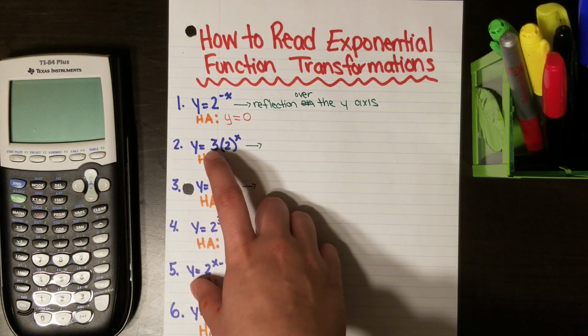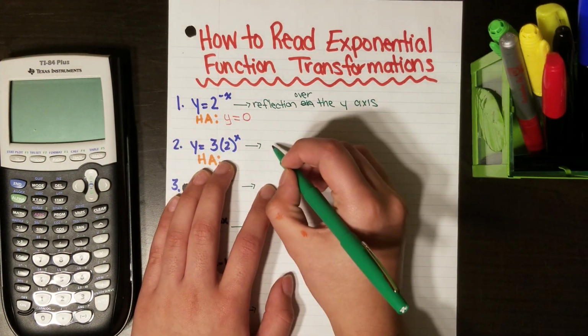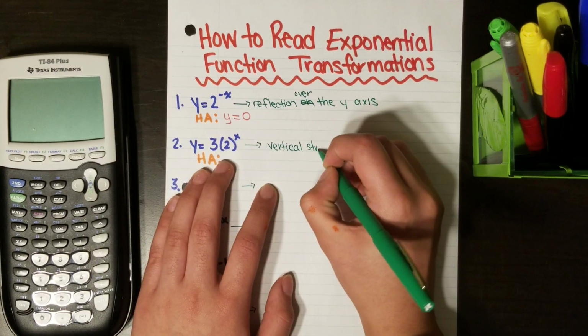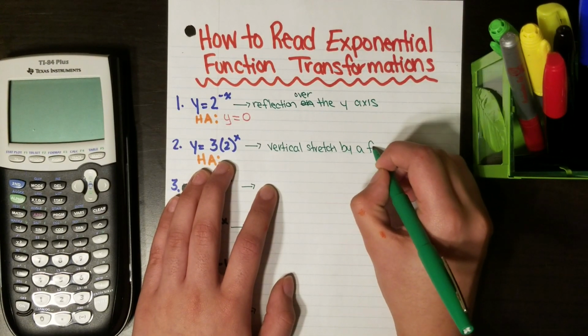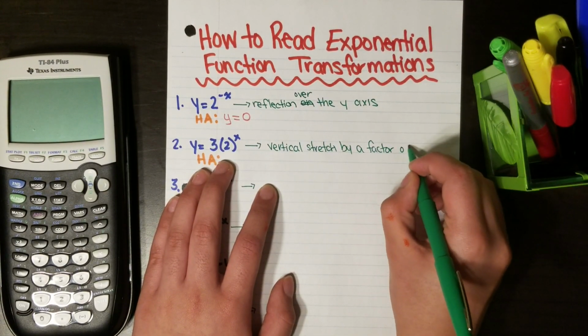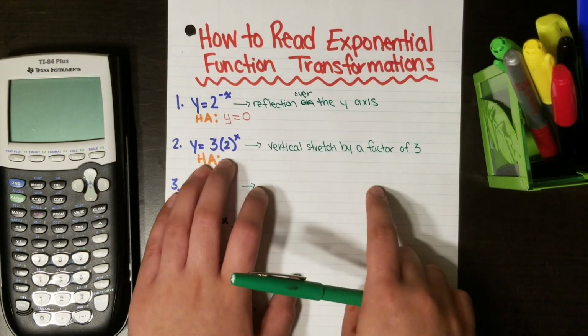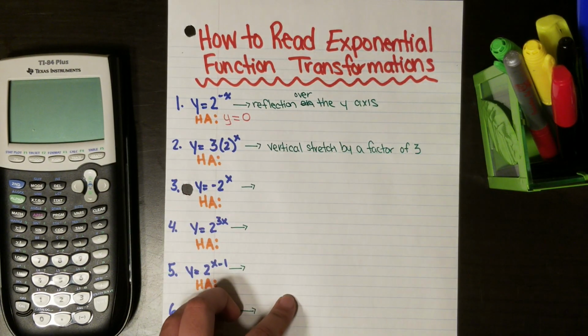So that 3 relates to your vertical stretch, your y values. So that 3 is going to be a vertical stretch by a factor of 3. So that just means your y values are being multiplied by 3. And that's the only thing happening here.